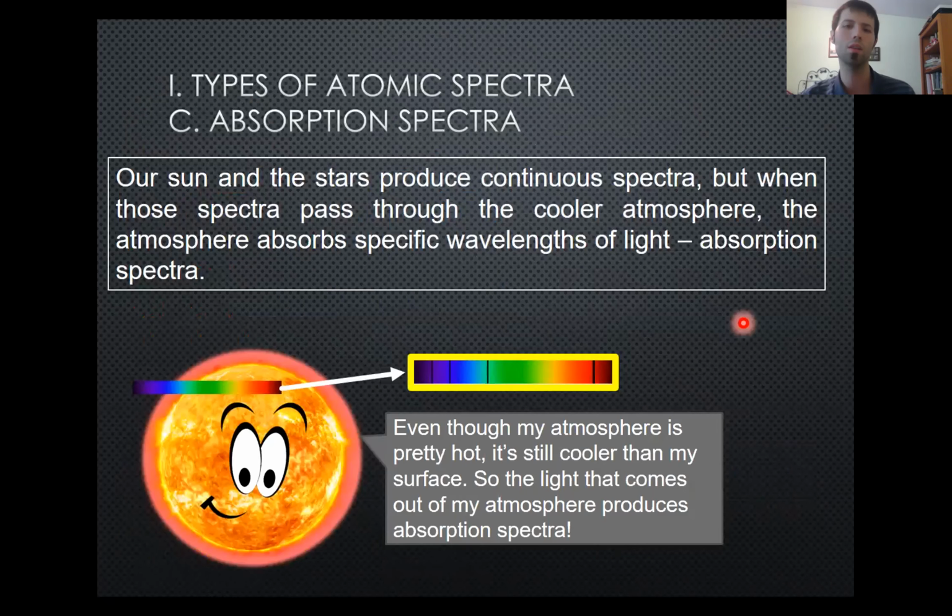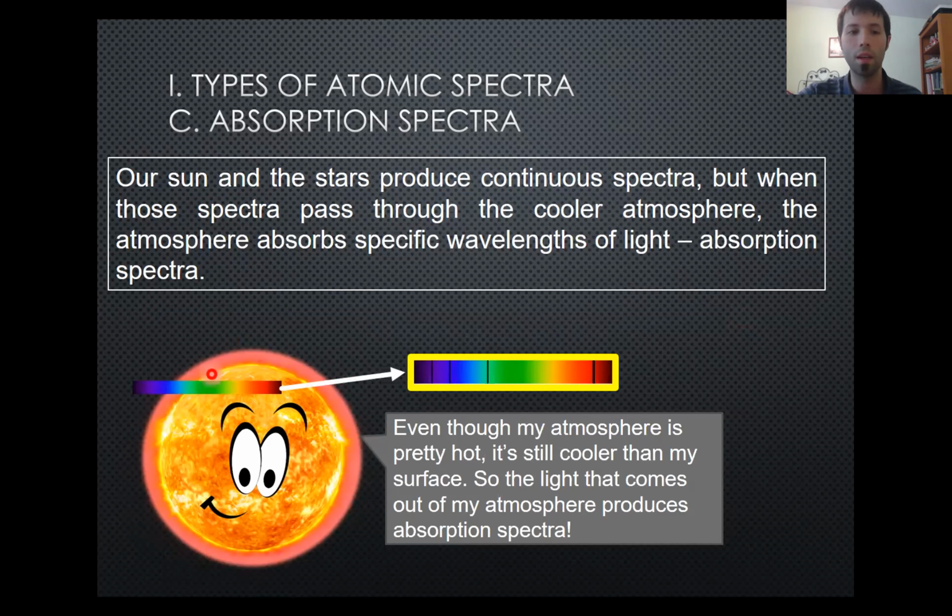And how does it tell us what is inside stars? If you remember, I know it was a while ago, we talked about layers of the sun. Our sun has inside layers and outside layers. Our sun basically has an atmosphere just like the Earth does. And the sun's atmosphere is cooler than the sun's surface. Now, it's still really, really hot. It's still hotter than anything we have on Earth except for lightning.